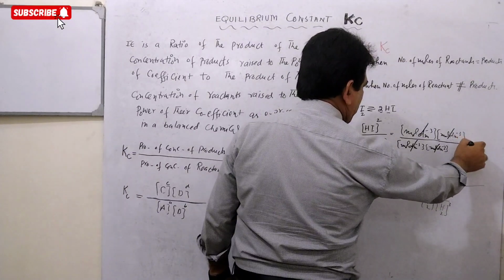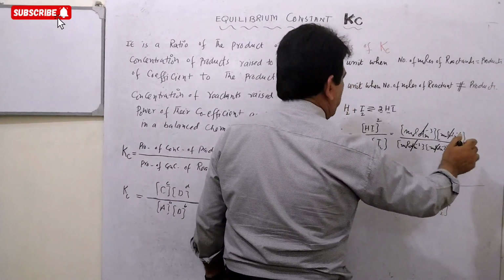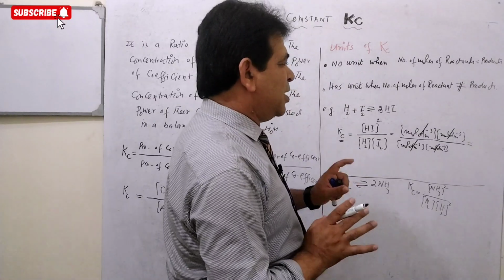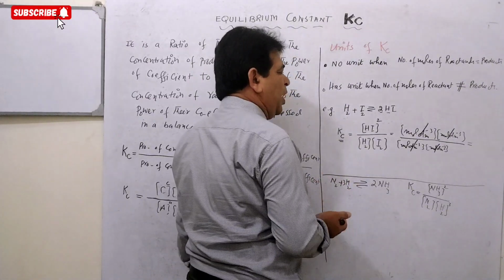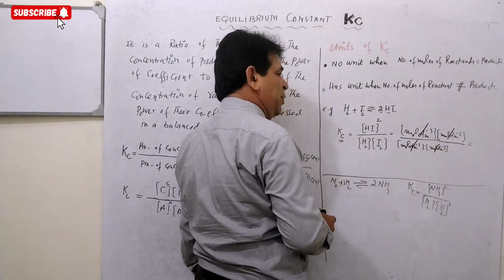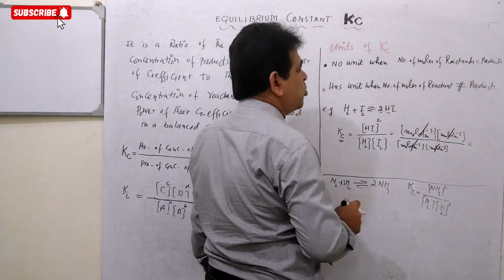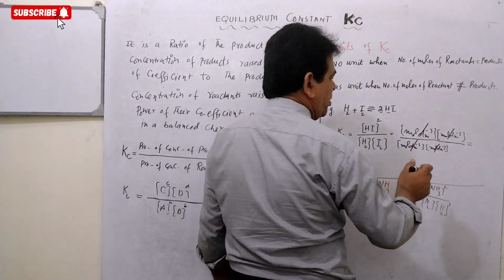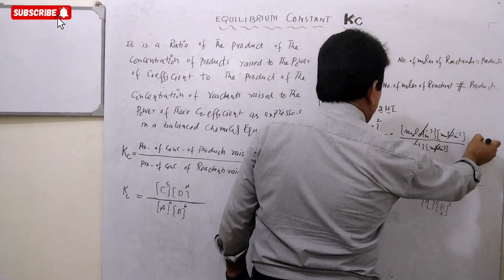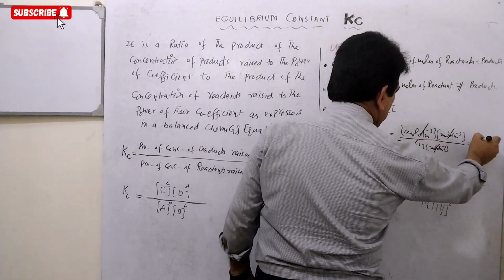Therefore we can say that mole per decimeter cube has been cancelled with each other, and there is no mole per decimeter cube left to be the unit of Kc. And because there is no mole per decimeter cube left, we can say that Kc in this reaction has no unit.